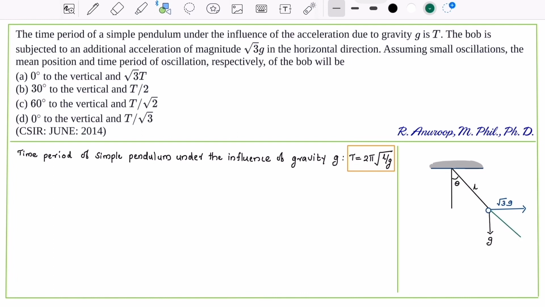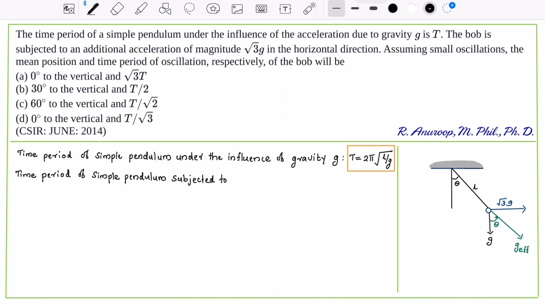Now we have an effective acceleration, that is a resultant of g and root 3g. Let it be g effective. Now what is the time period when the bob is subjected to this additional acceleration?